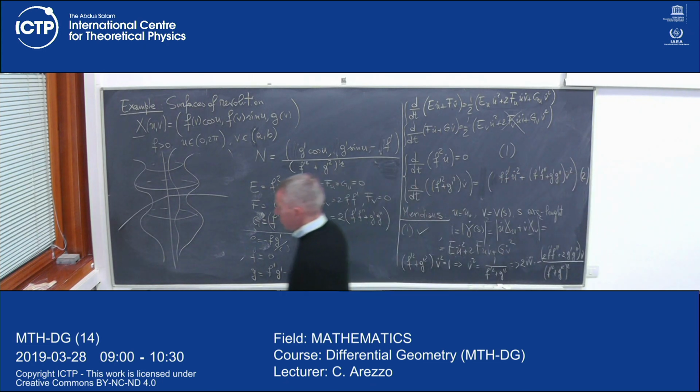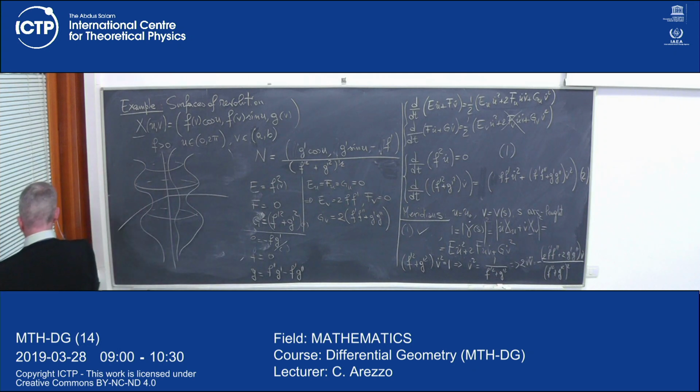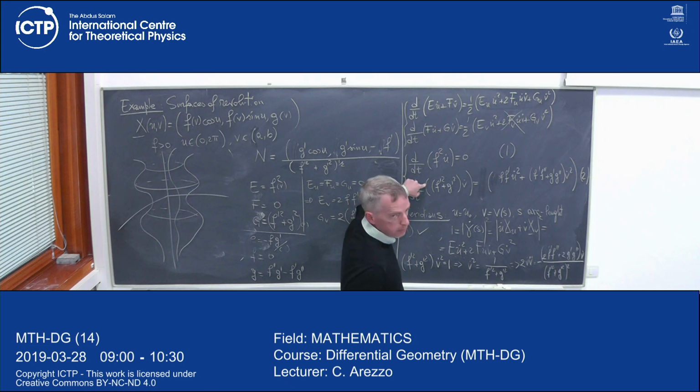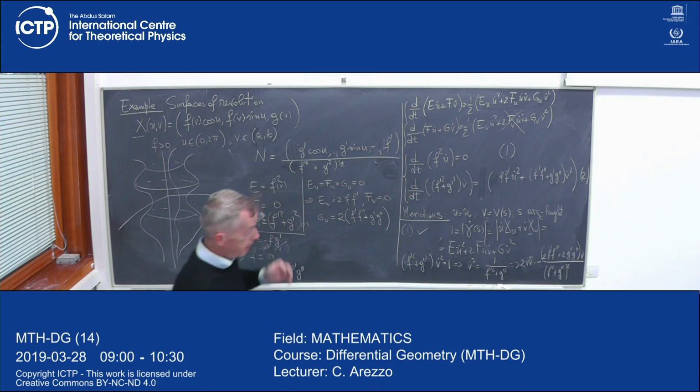So this equation simplifies exactly to this. Write it down, multiply on both sides for what you have to multiply, and you get this equation here. There's nothing to learn here.